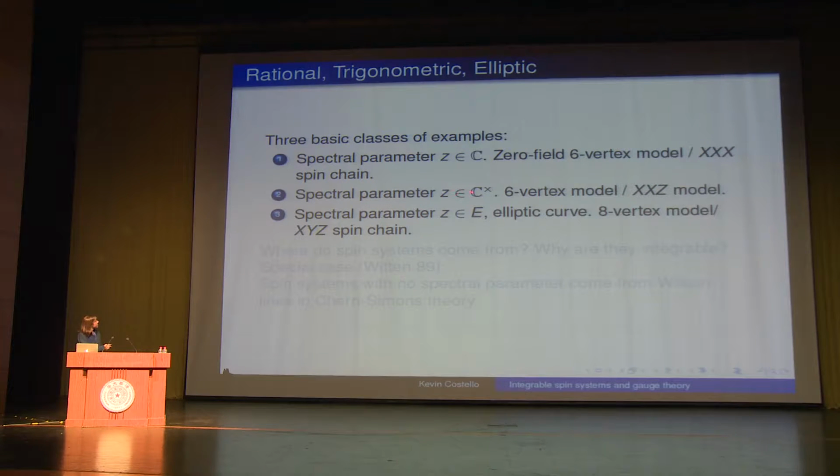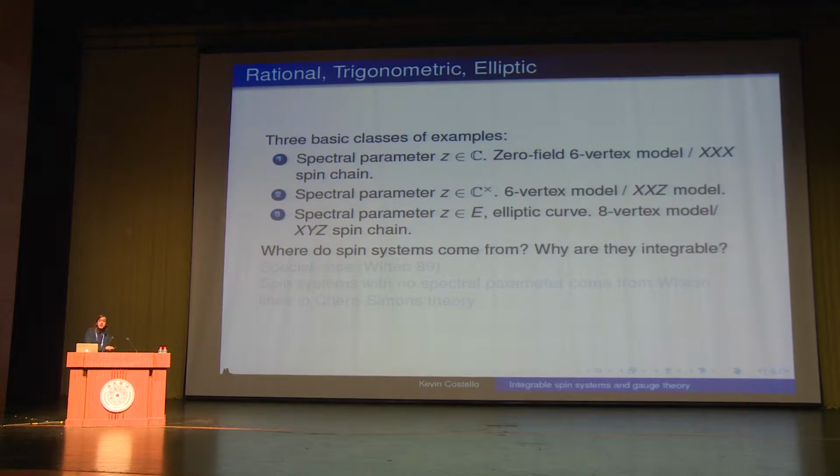If the spectral parameter lives in C star, what we find is the general six vertex model, or the XXZ model. These are equivalent, just a reformulation of each other. And if the spectral parameter lives in an elliptic curve, we find the eight vertex model, or the XYZ spin chain.